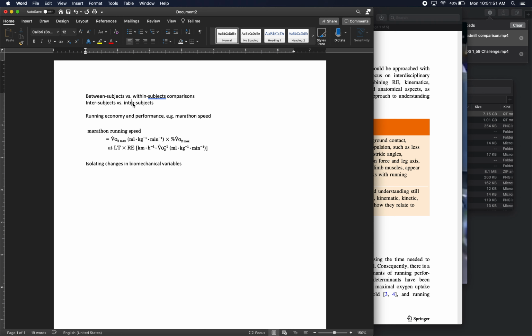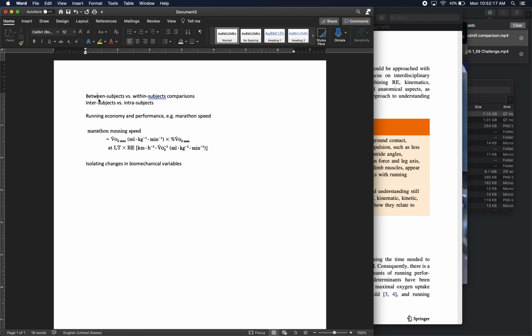The terms that you'll see me using in class more frequently than those are between subjects versus within subjects. But these, if you're looking at top to bottom here, these are the same things. A between subjects study is the same thing as an inter-subject study, and a within subject study is the same as an intra-subject study.